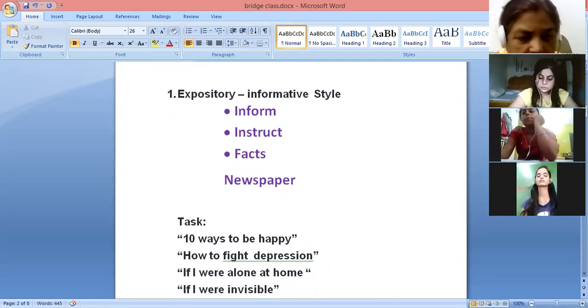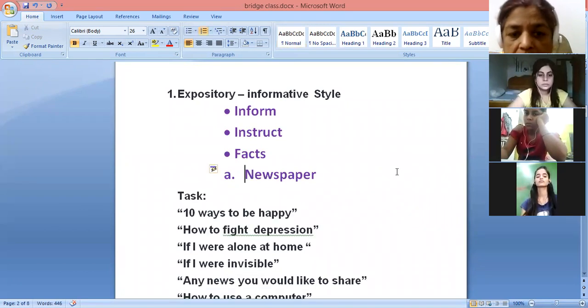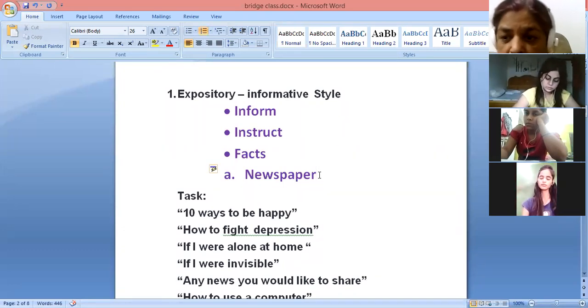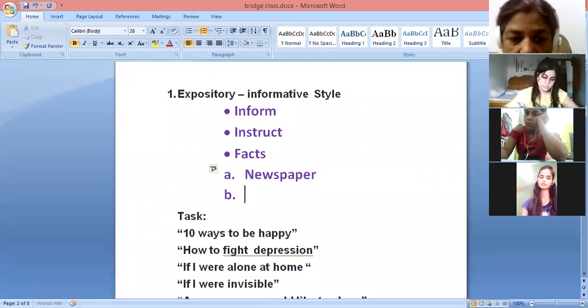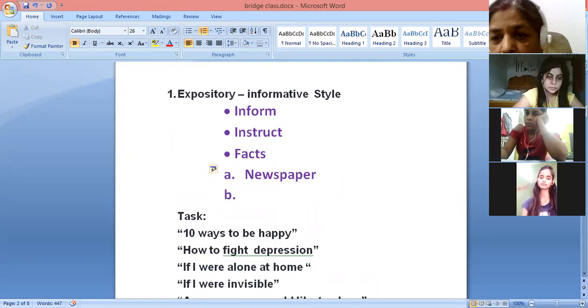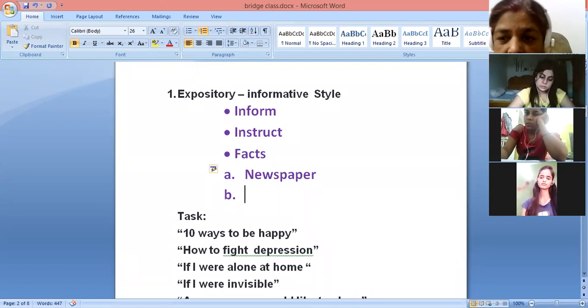So informative style can be used for giving news, for example, the newspaper. If you want to give any news, like how it is done in the newspaper, you can use the informative style. When you want to learn some recipe, the cookbook.